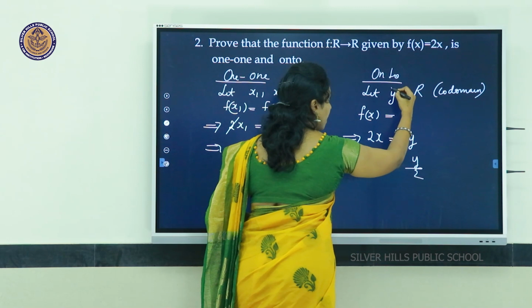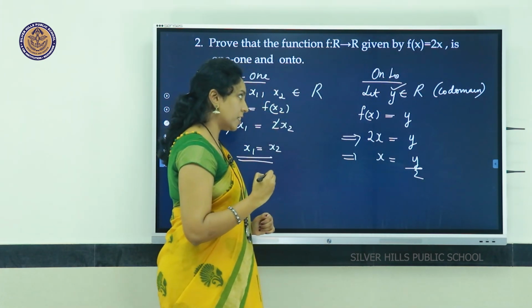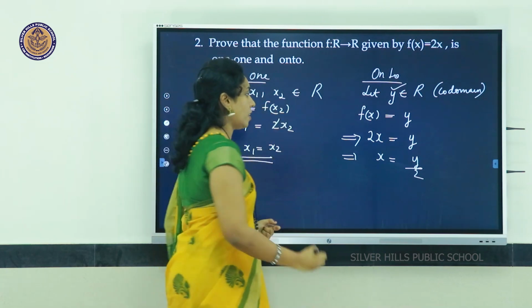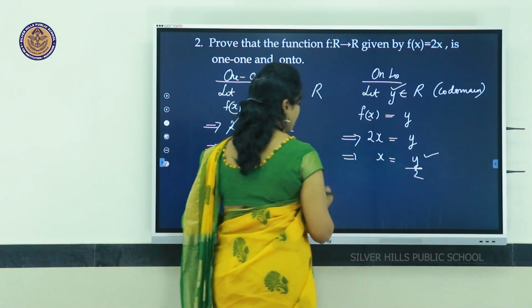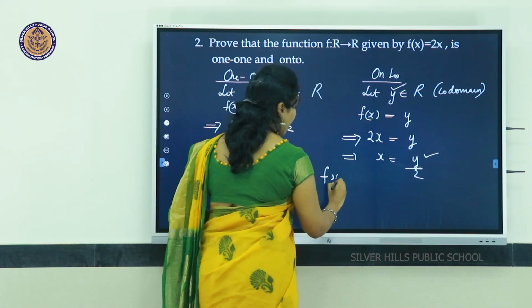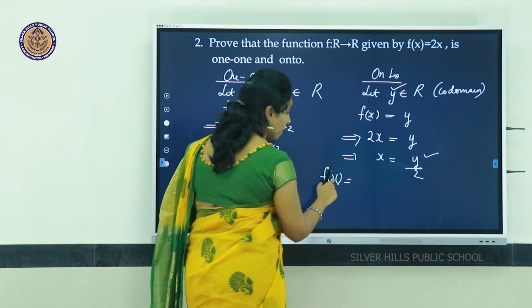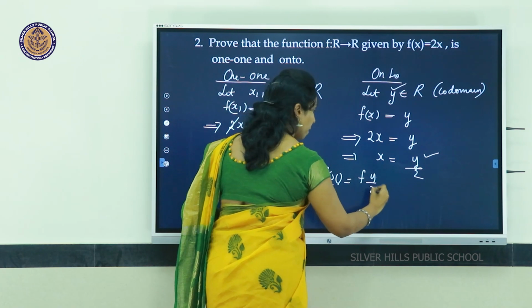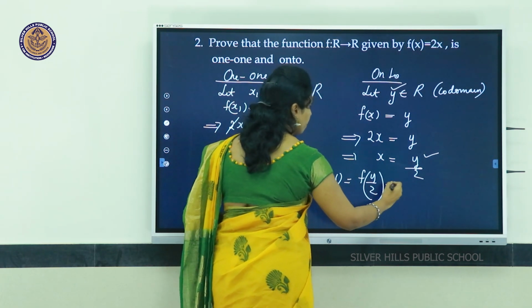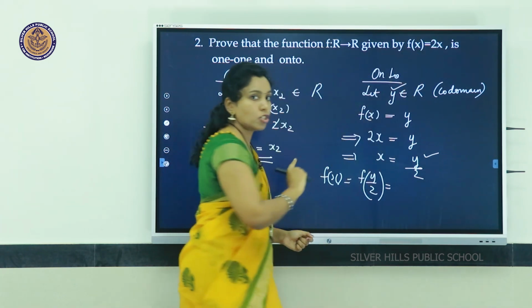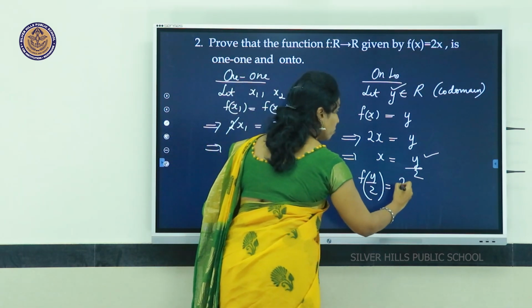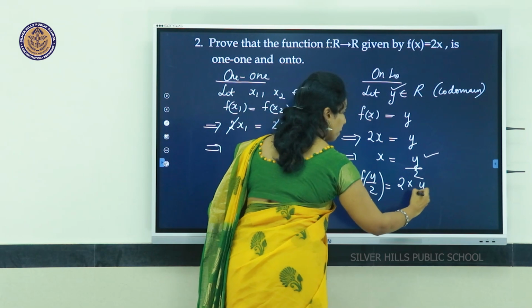So, I took an element in the second set, I got an x in which set? First set, such that f of x is equal to, now we replace x with this y by 2, f of y by 2 is equal to, now f of x is 2x. So, f of y by 2 is equal to 2 into y by 2.